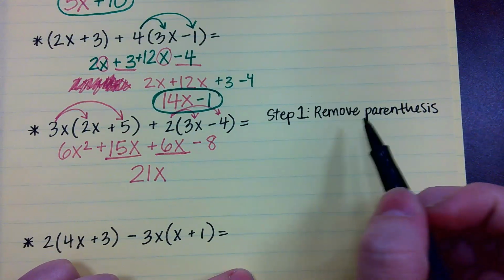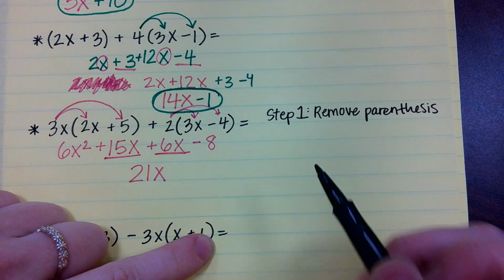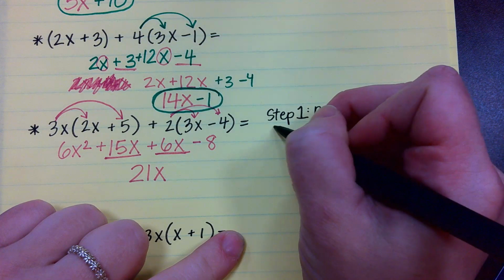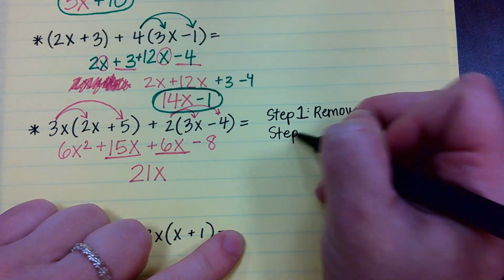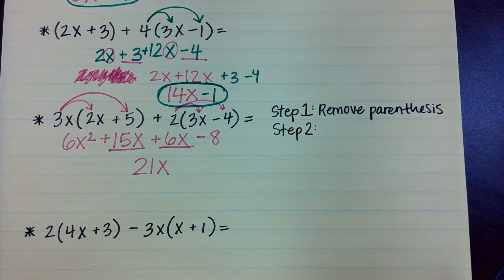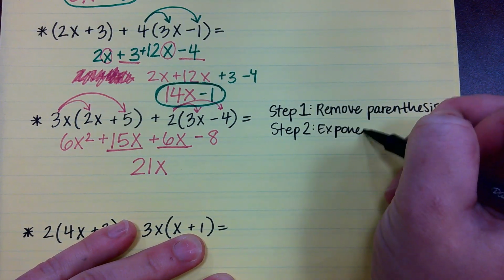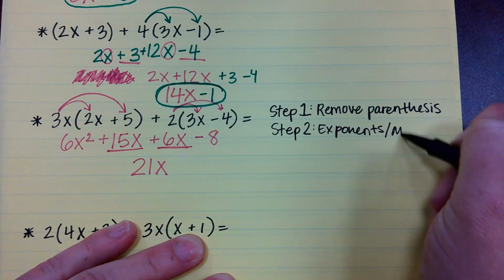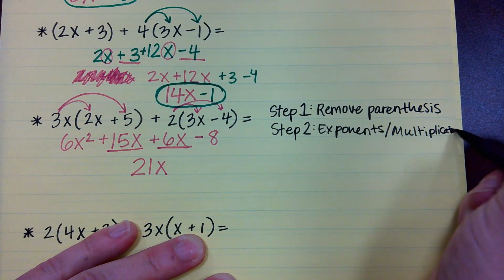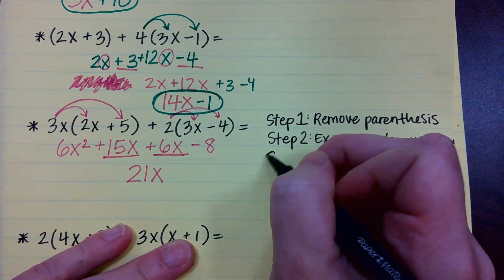This is also going along with our order of operations. You see parentheses comes first. Step 2, we're messing with exponents, whenever we're doing that multiplication and division. So that's kind of grouping our next two in the order of operations: exponents and multiplication.